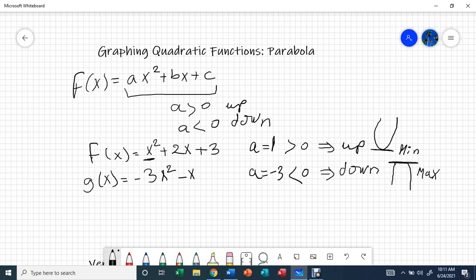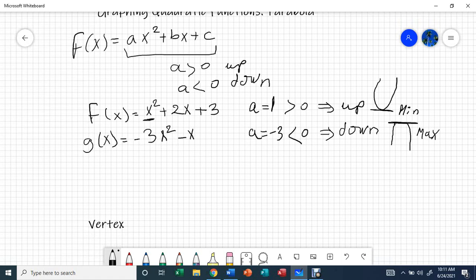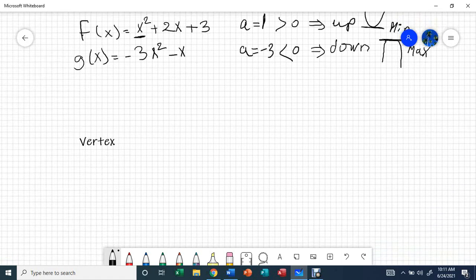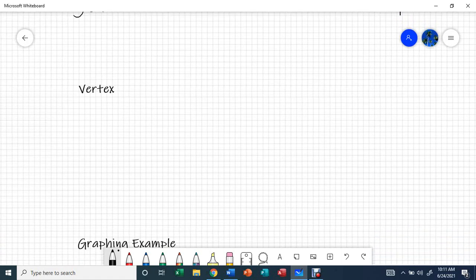So let's move on to the vertex. As we mentioned, the vertex is just the minimum or the max of the graph.